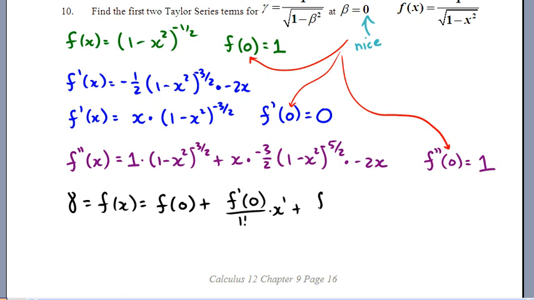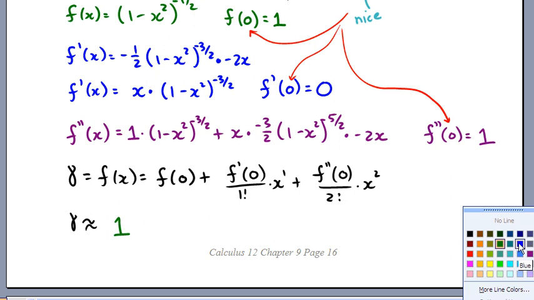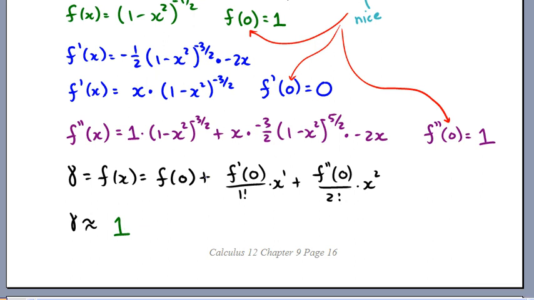And I'm going to go as far as the second derivative figured out at 0 divided by 2 factorial x squared. Okay, so approximately f at 0, well, that was that green one. Then we end up with a 0 for that blue part. So you'd actually end up with plus 0x.